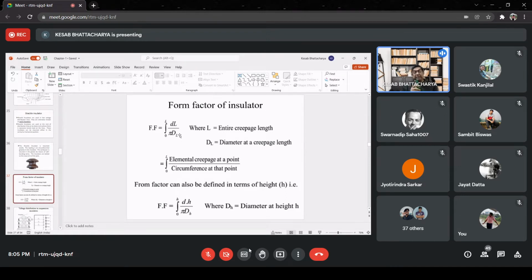The same thing can be expressed in terms of height as well. That is mentioned in the next lines. Form factor is equal to the integration of dh by pi dh, where dh is the diameter at height h. Is it okay?